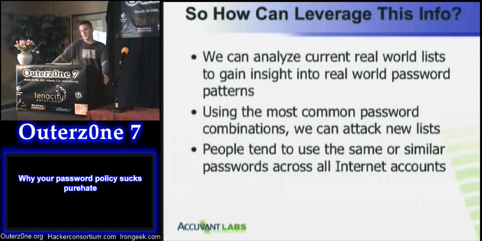All right, so we're going to talk about how we can leverage this info in a pen test. What I like to do is analyze current real-world lists. You know, those password lists up on Packet Storm or something, like Unix-based passwords that were hacked in 1999 or something like that. Those are not valid anymore, not good for much.